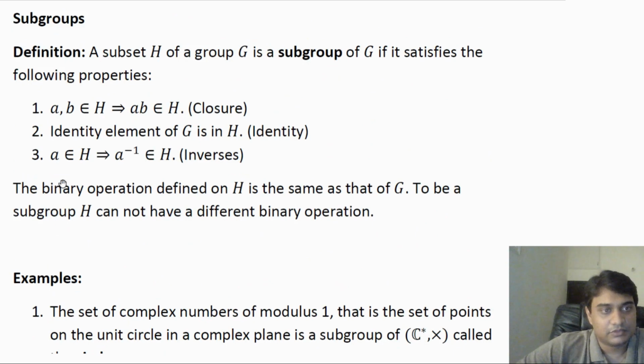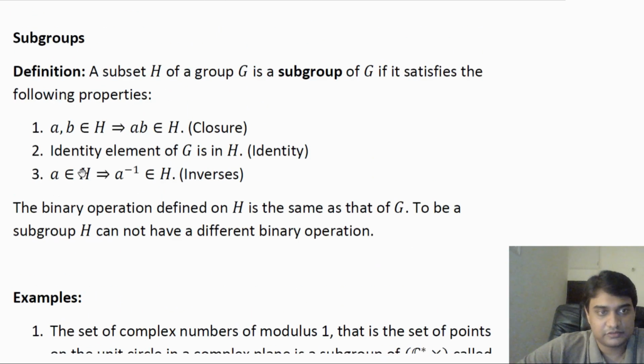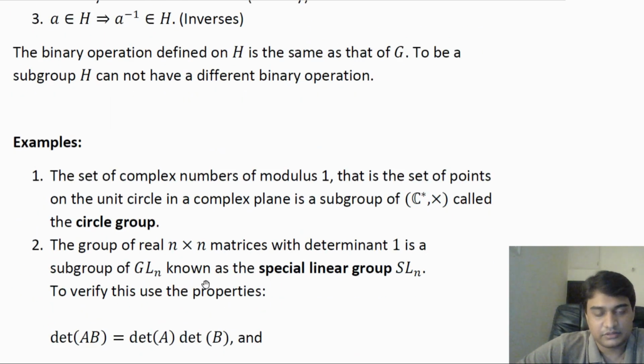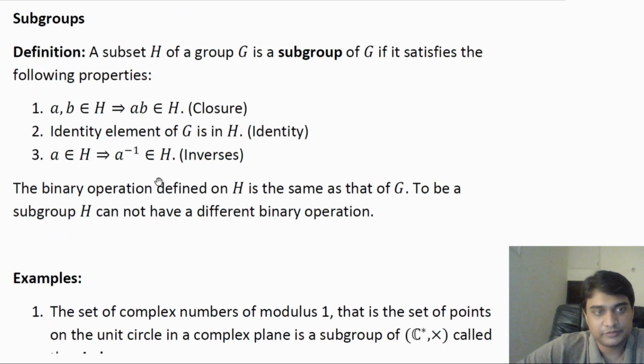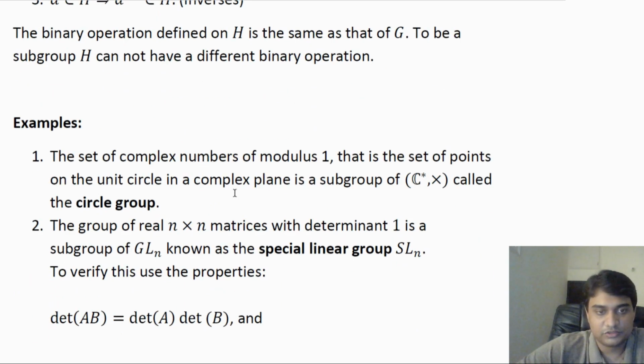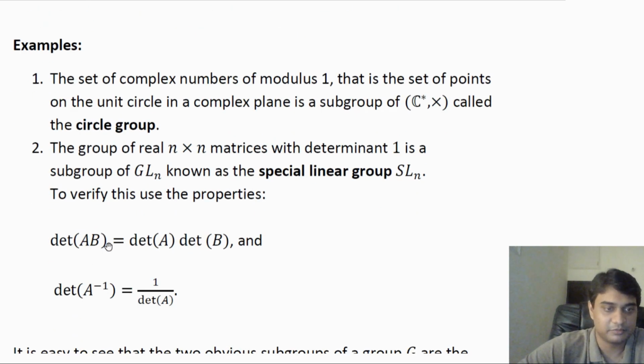And now the properties 1, 2, and 3 you can verify yourself. It's quite simple. The closure property holds because if you multiply two n by n matrices with determinant 1, it will result in an n by n matrix with determinant 1, because of this property: determinant of A times B equals determinant A times determinant B. So if A has determinant 1 and B has determinant 1, then the determinant of the product AB is also 1, right?